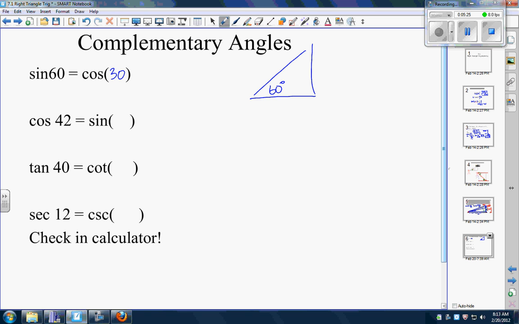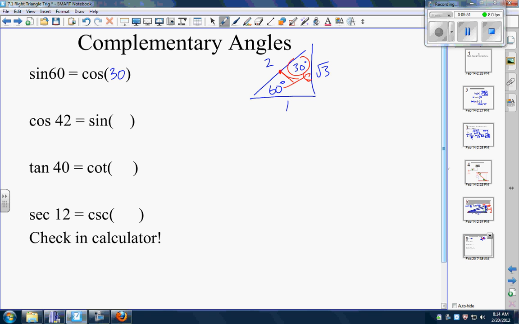So if I make this a 60, that means this is a 30, so 1, 2, square root of 3. Sine of 60, square root of 3 over 2. That is the exact same thing as going to 30 and doing adjacent over hypotenuse.